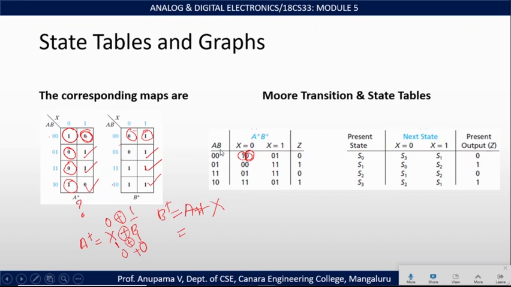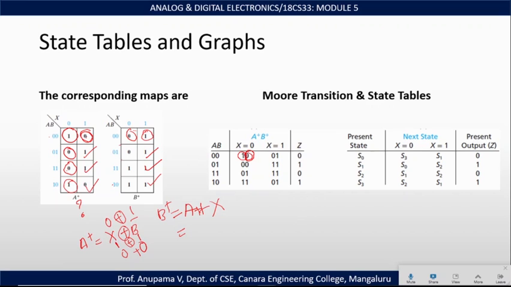So wherever you find 0 0, you replace it by S0. Wherever you find 0 1, replace by S1. Wherever you find 1 1, replace by S2. Wherever you find 1 0, replace it by S3.